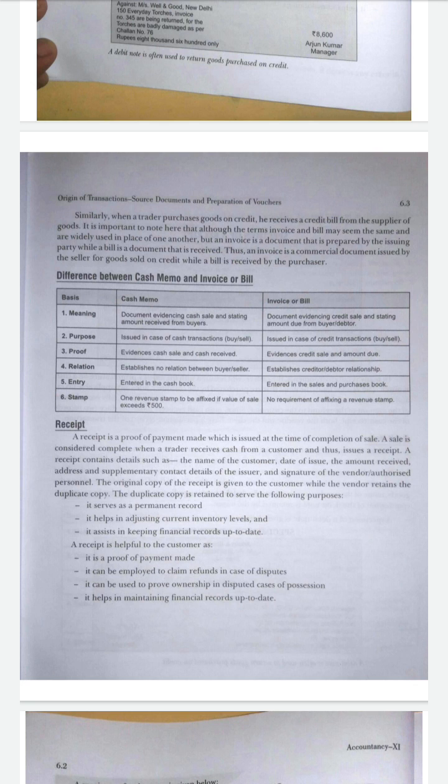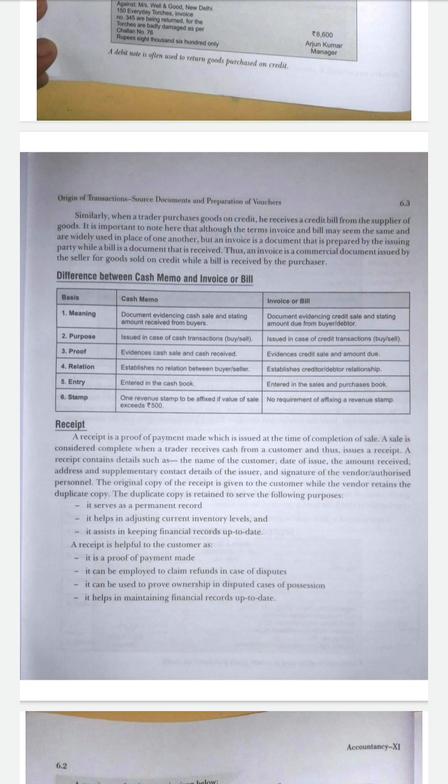It also contains the name of the customer, date of issue, amount received, address of the person, other contact details of the supplier, and the signature of the authorized personnel.